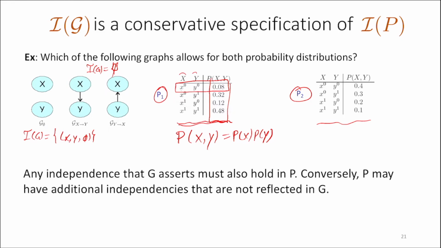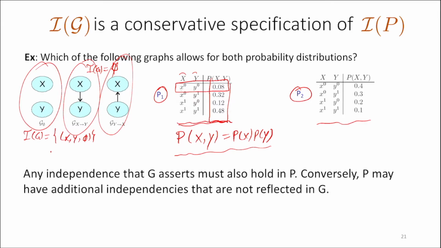So this specific instantiation is definitely consistent with this graph, but it is also consistent with the other graphs, because the way this factorization is shown is basically any generic factorization.